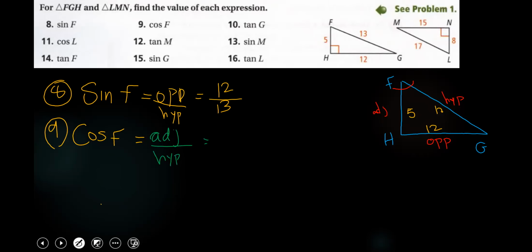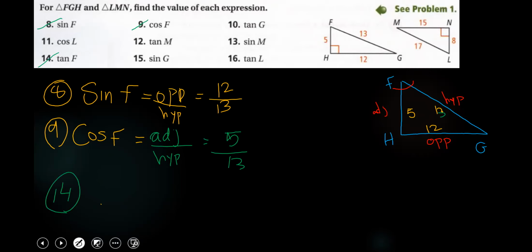Where is the adjacent? 5 over 13. Thank you. This is 5 over 13. So we solved 8, we solved 9. Now let's solve 14, because I want to talk about the same angle.